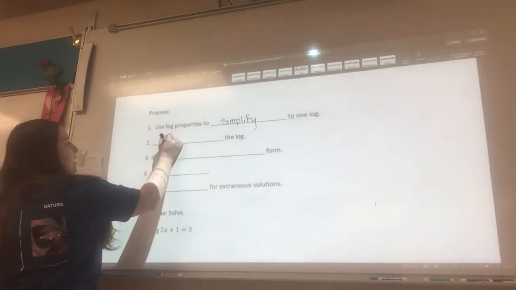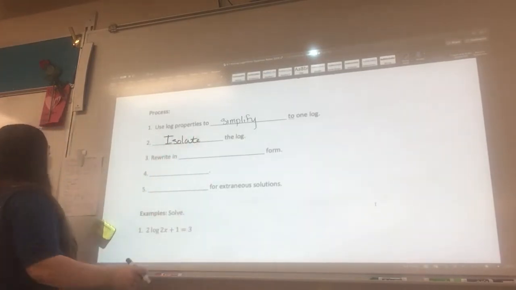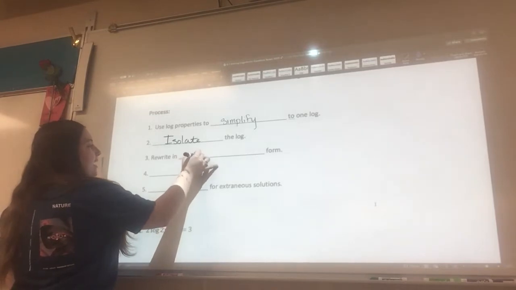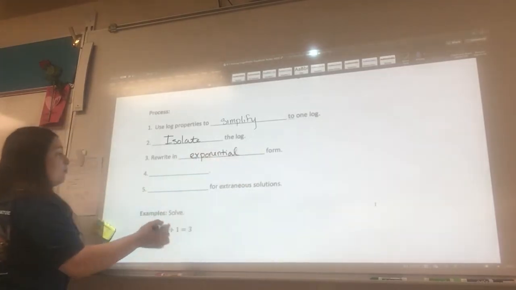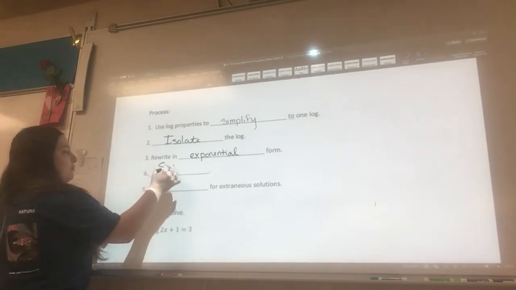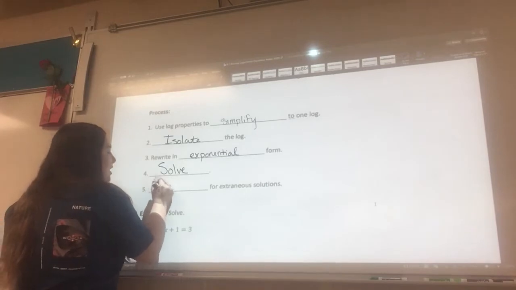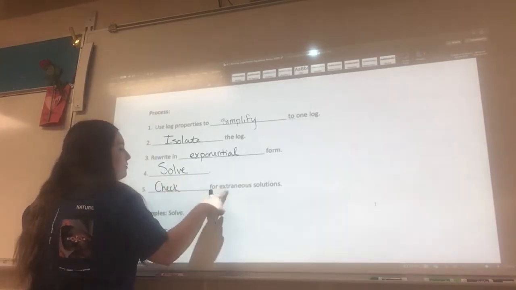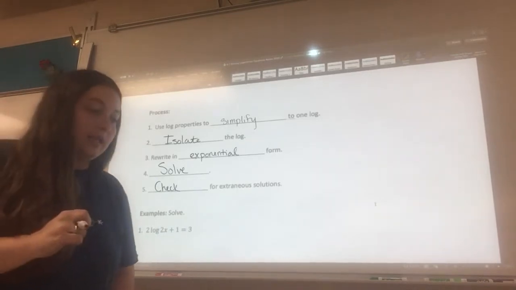That's going to isolate the log by itself. We're going to rewrite it in exponential form. We're then going to solve for our variable. And last but not least, we're going to check for those extraneous solutions.